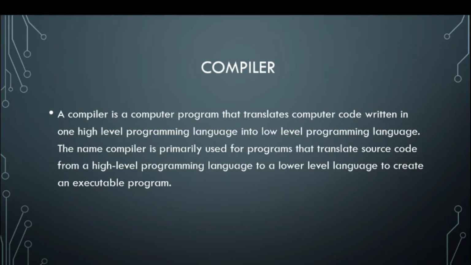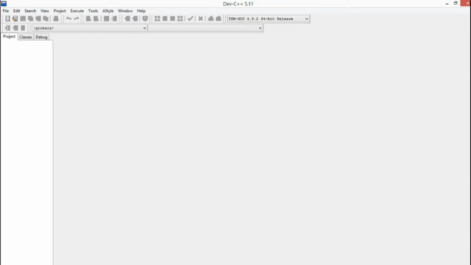So there must be a compiler which translates the high level language into the low level language. Compiler does this job. As we move on, I will be using Dev C++ 5.11. It is easily available on the internet. All you have to do is search for it and download it.